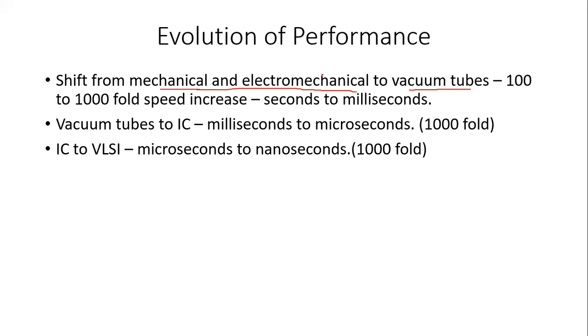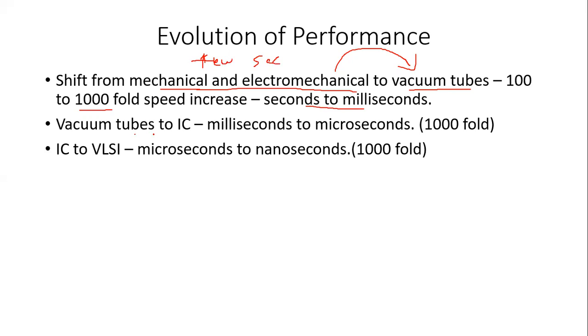During the shift to vacuum tubes, the speed of the devices increased by 1,000 fold. With mechanical or electromechanical technology, we could perform one operation in a few seconds, but with the introduction of vacuum tubes, the same task could be completed in a few milliseconds. So the speed increased from seconds to milliseconds.